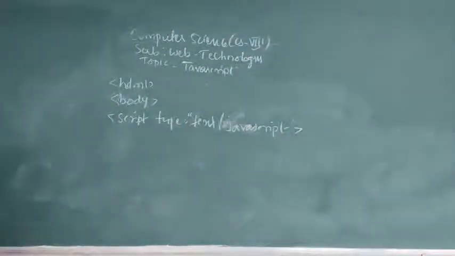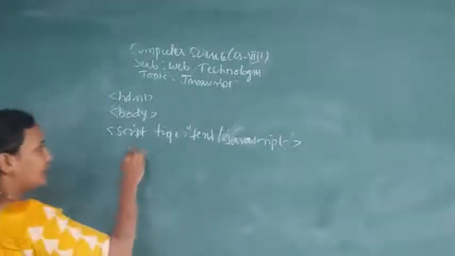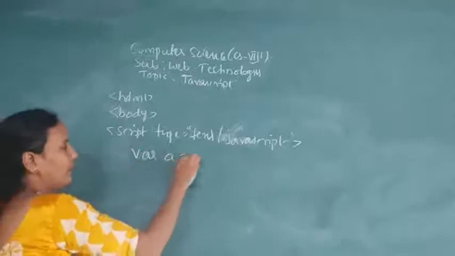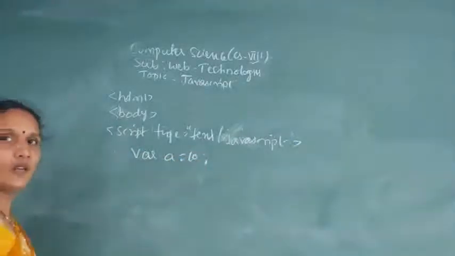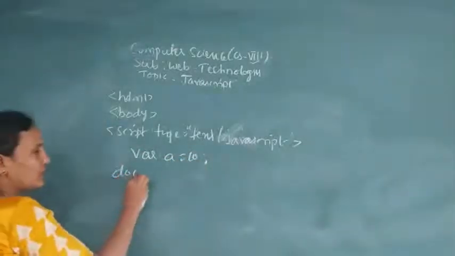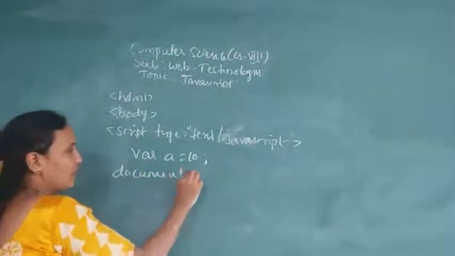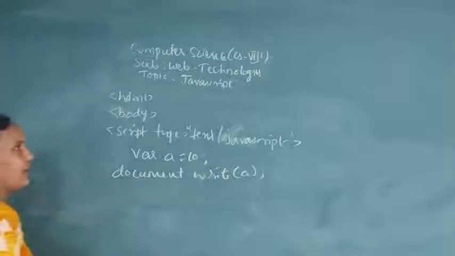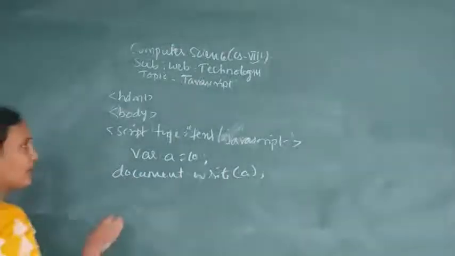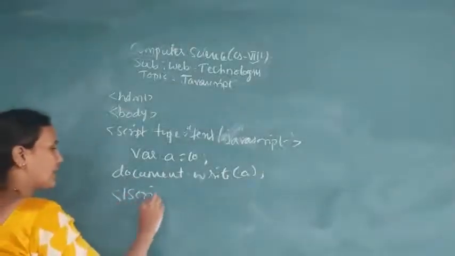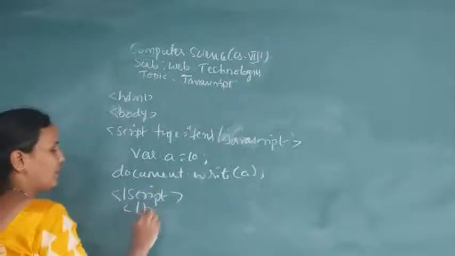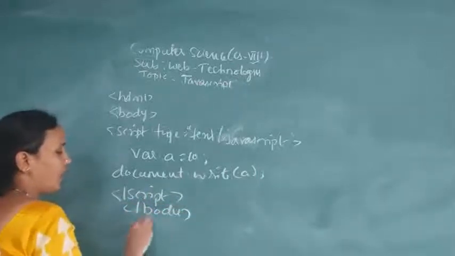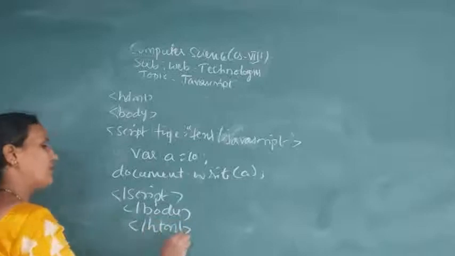Next you declare the variable. Here I am declaring the variable: var a = 10. Now I am printing this with document.write. The output I will explain later. Then close the script, close the body section and close the HTML.